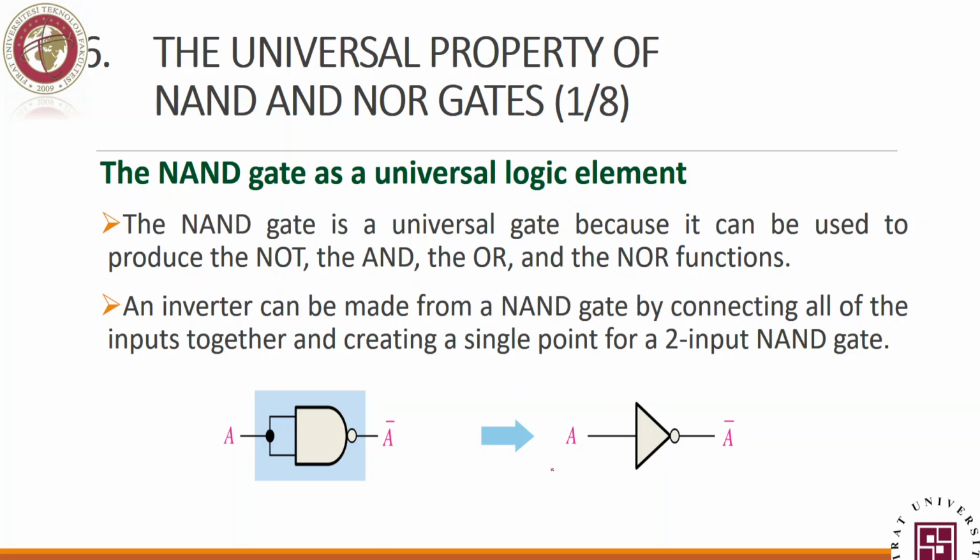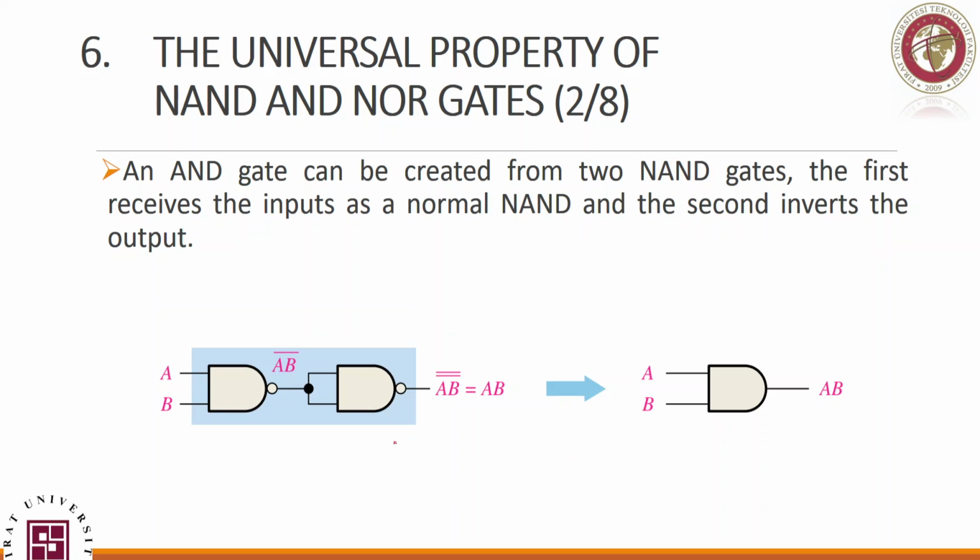We start with NOT. If you take the two inputs of a NAND gate to the same variable as the input, so A, if you take the two inputs to it, the output will be A bar directly. A and A is A, negated, not A. That's a NOT gate directly. It's easy as is.